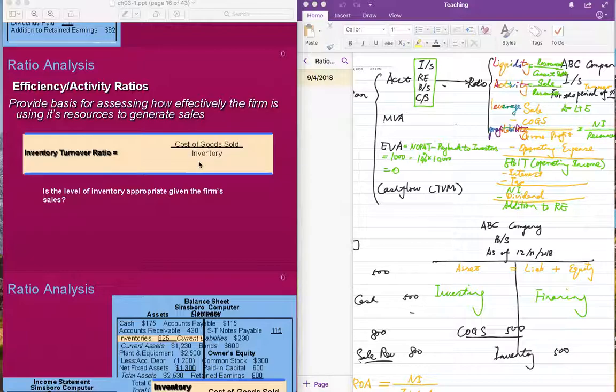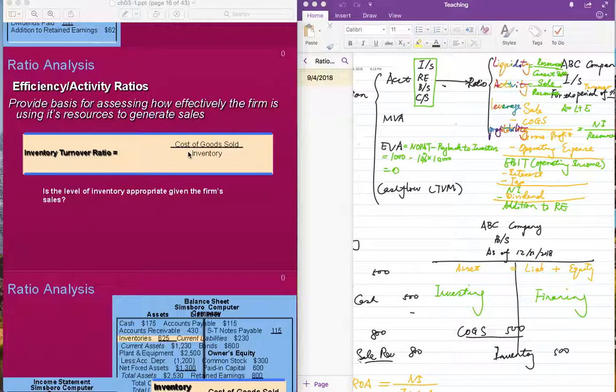So the cost initially assigned to be part of the inventory is now transferred into the income statement as cost of goods sold. So the more sales a firm generates, the more cost of goods sold the firm will incur. So the cost of goods sold number is comparable to the sales number.